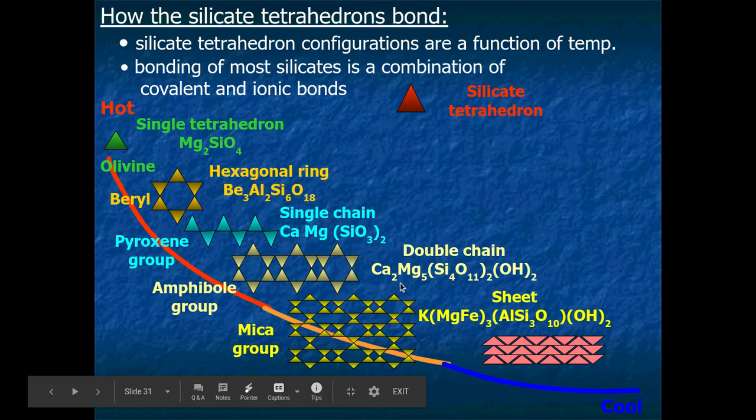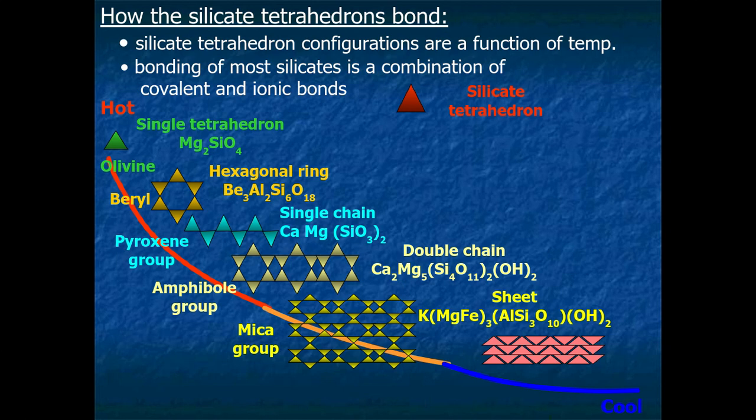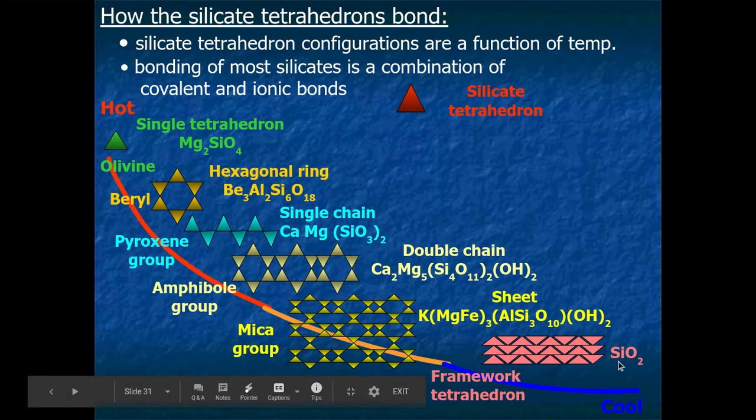And then finally, we're getting down to a point where the magma is just about completely cooled. It's almost cooled into a complete rock. There's still some liquid remaining, and we're talking probably around 600 degrees Fahrenheit. And finally, once it completely cools, we end up forming what we call a framework tetrahedron, which is composed of the leftover silica and oxygen that remains in the magma, because all the other cations have been used up.